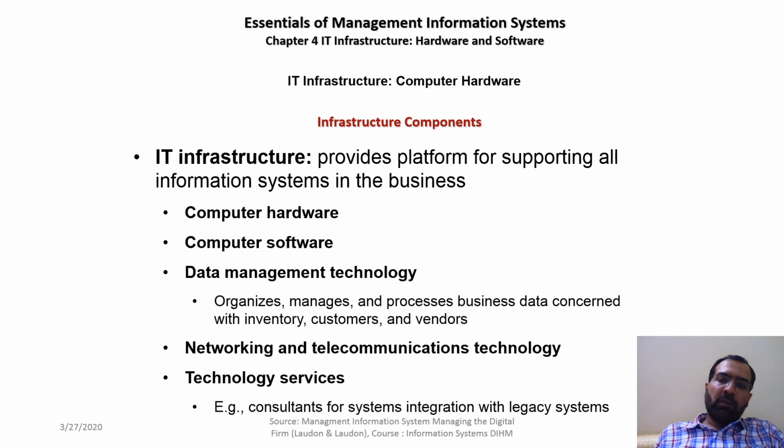Then they need to have software. What type of software? Maybe the business software, ERP based applications, maybe the off-the-shelf products or the operating environment, of course, they have to provide to the people. So that is the computer software, maybe some analytic software as well. So the third thing is data management technology. Every organization has data resources or information resources, because that is considered to be the most important resource for any organization.